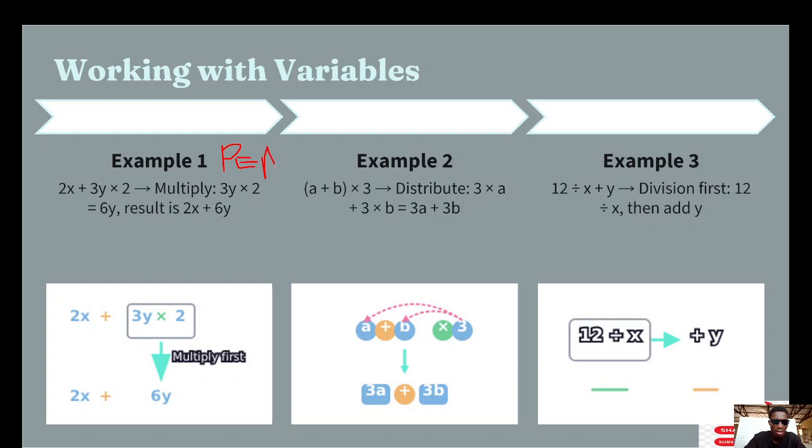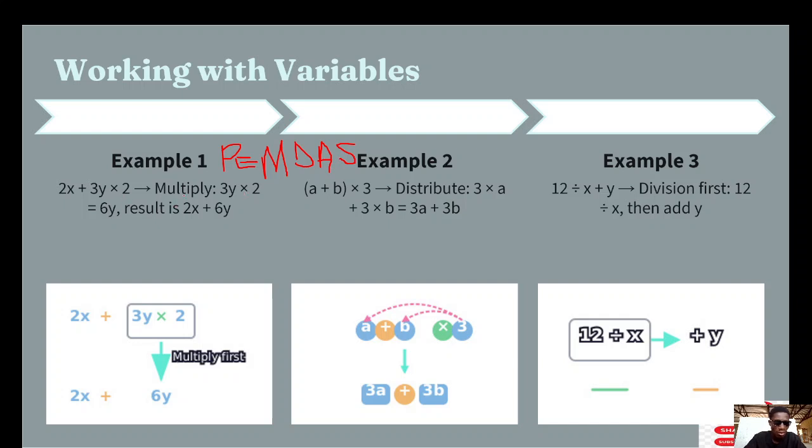It helps you to remember which one to do first and which one to do next. So always try to remember PEMDAS when you are given any multiplication, addition, subtraction, or division problems.